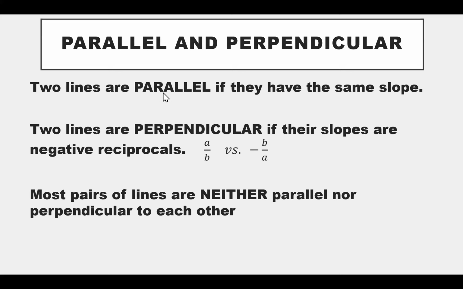But if we have parallel lines, because they have the same slope, if I know one line is parallel to another, I can find the slope knowing that it's the same. And if I have two lines, one of which I know the slope of, and the other one I know is perpendicular to the first, then I can use the fact that the slopes are negative reciprocals to find the other slope.